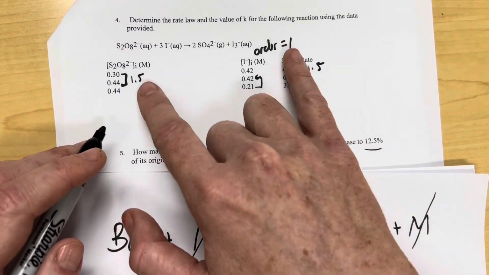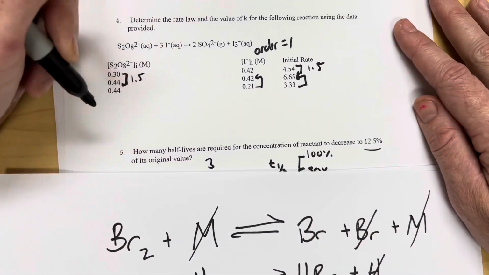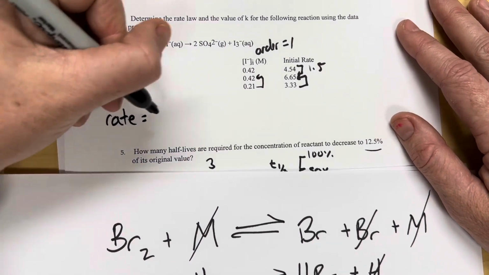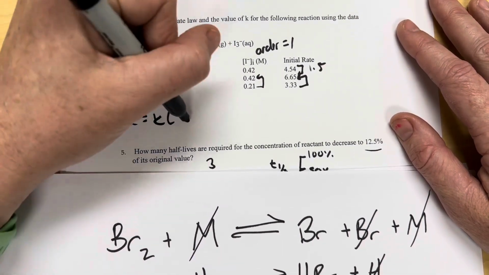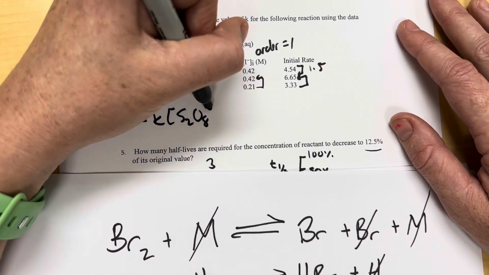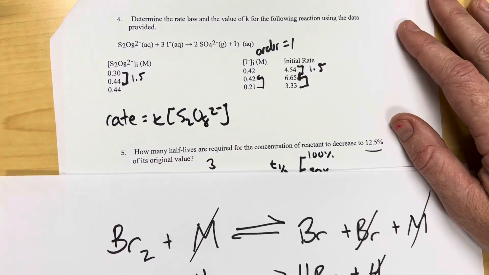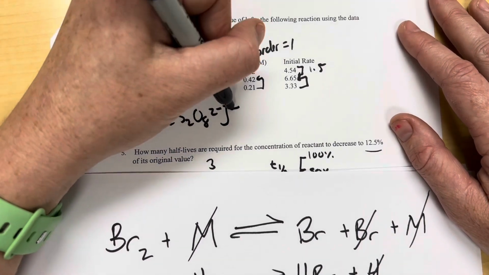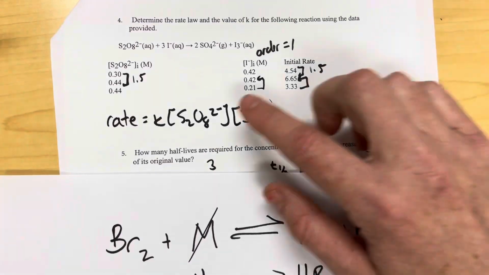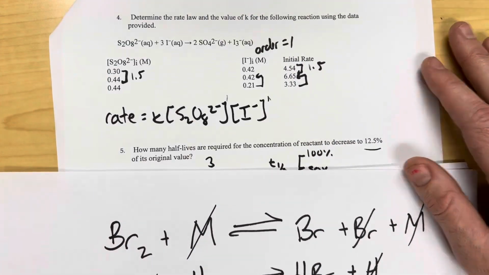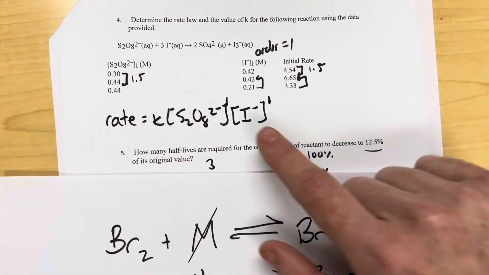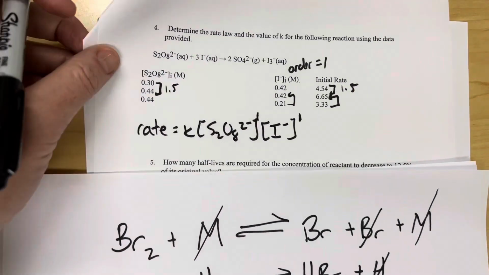We found the rate order of each of these to be 1, but the rate law for this whole thing would be rate equals k times [S2O8 2-] raised to the power of 1 times [I-] also raised to the power of 1. So 1 and 1, and that would have been the overall rate law. The overall rate order for this reaction would have been 1 plus 1, which is 2.